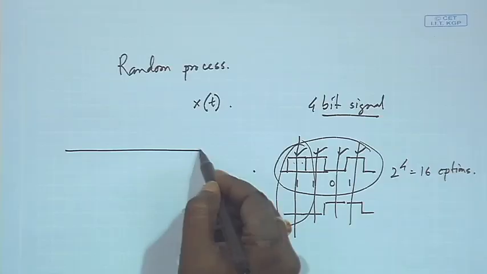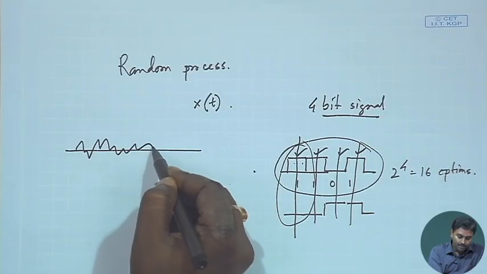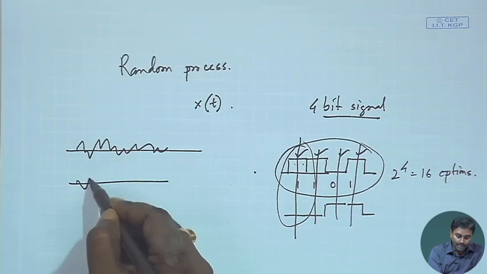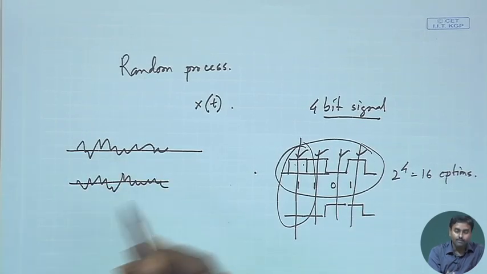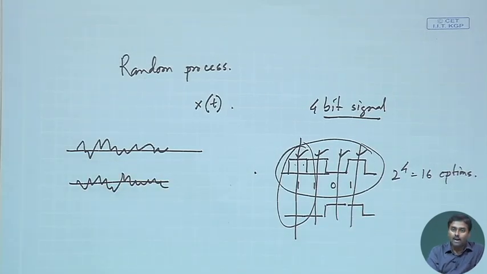But if I just say it is a continuous signal, like the signal generated by the resistor, okay, it can take infinite options. There might be an infinite number of sample functions which can take any value at any time instance, right. This way I can construct any other sample signal and all of them are basically a particular sample function, okay.